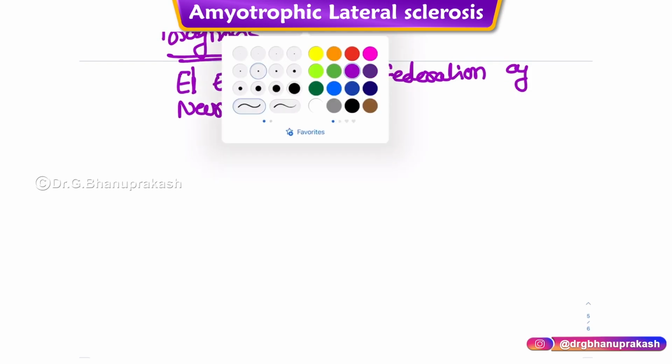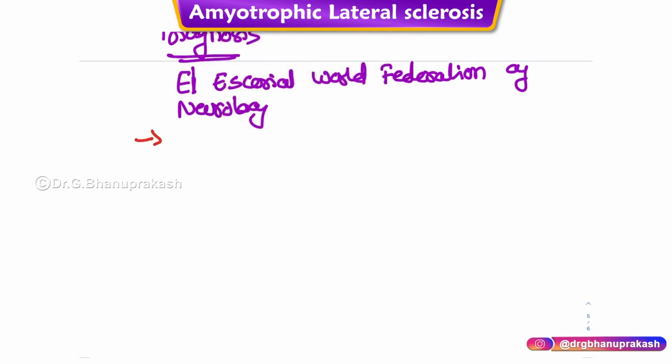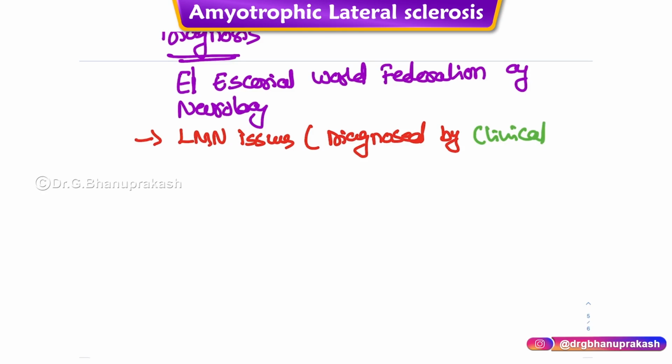So three important features must be there. There should be evidence of lower motor neuron issues, which must be diagnosed by clinical, electrophysiological or neuropathological examination.